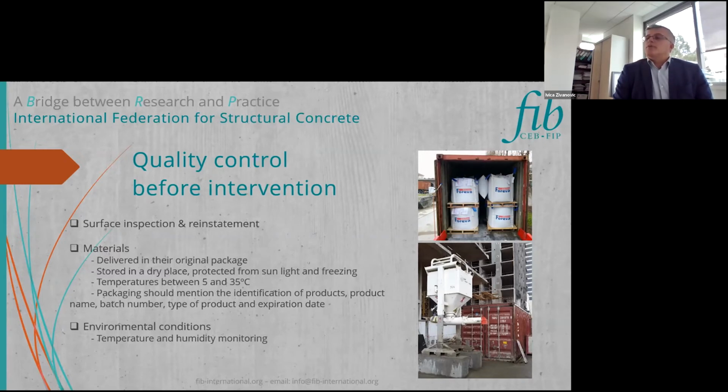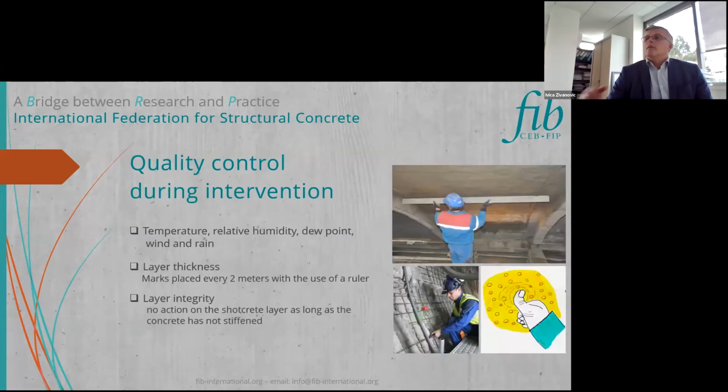The packaging should mention, of course, the identification of product, the supplier name, the product name, the batch number, the type of product and the expiration date, and some environmental condition as temperature and humidity monitoring.